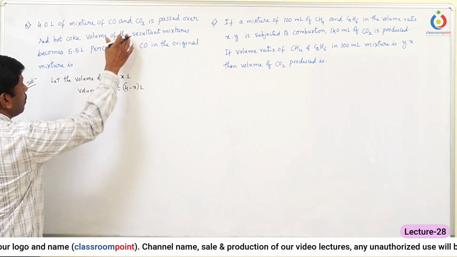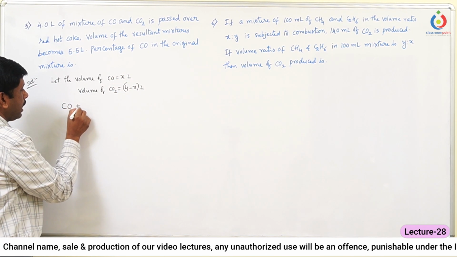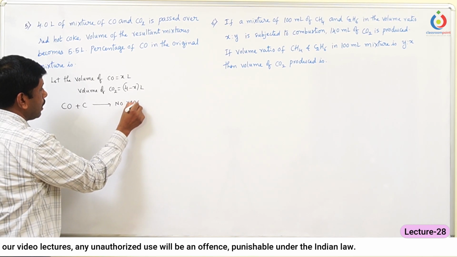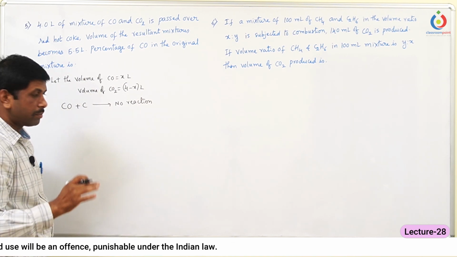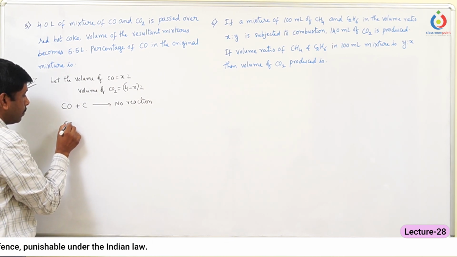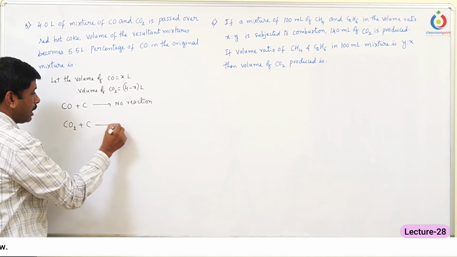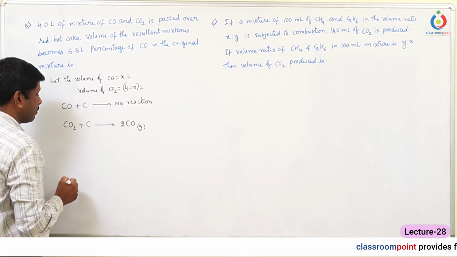Out of 4 liters, it is now 4 minus x liters. Then CO on reaction with coke, no reaction, that means the volume of the CO remains as it is. And CO2, when it reacts with carbon, converts into 2 moles of CO gas, carbon monoxide.